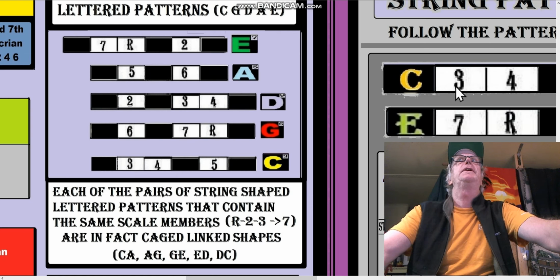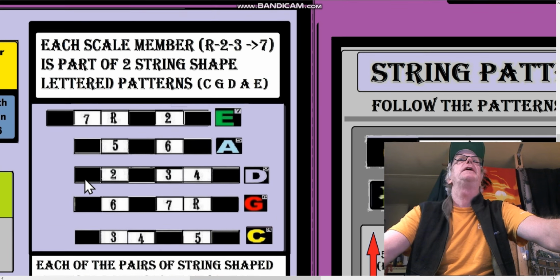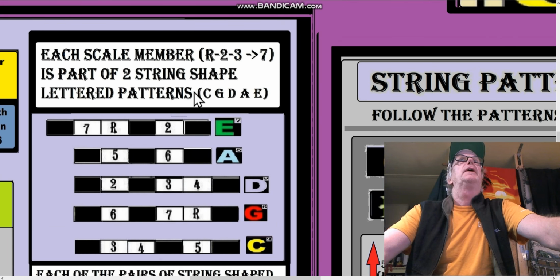That's over here. But let's look at the first statement. Root is in 2 of them. 2 is in 2 of them. 2 is in the A, 2 is in the D, 3 is in the D, 3 is in the C, 4 is in the C, 4 is also in the D, etc. Each scale member is part of 2 string-shaped lettered patterns.